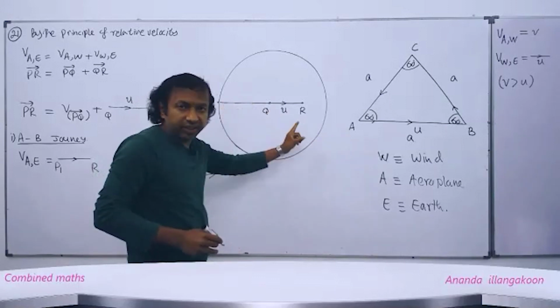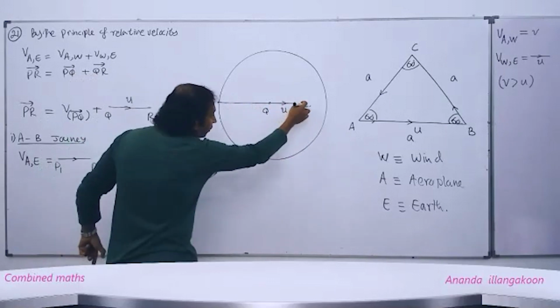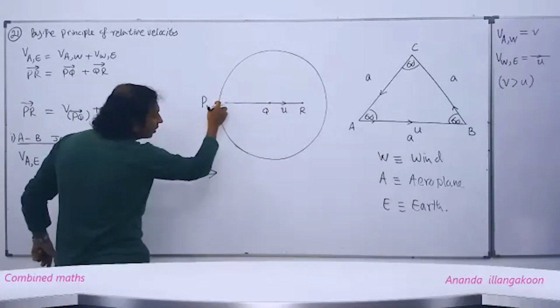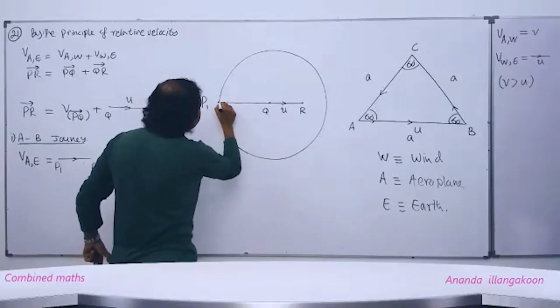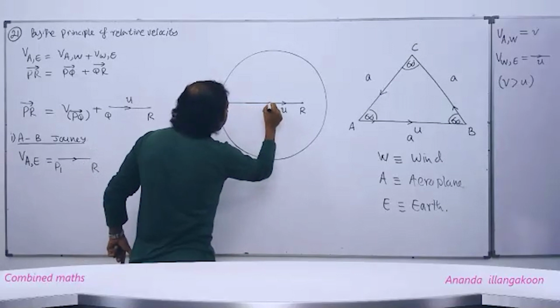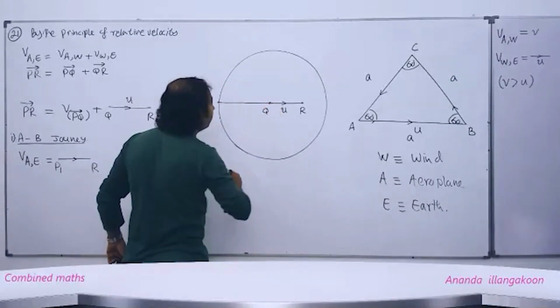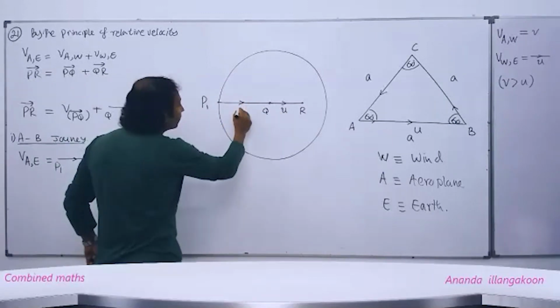Understand? Then point P1 is here. When we produce this line, it cuts the circle somewhere, and that point is P1. Then this is U and V, no, people?